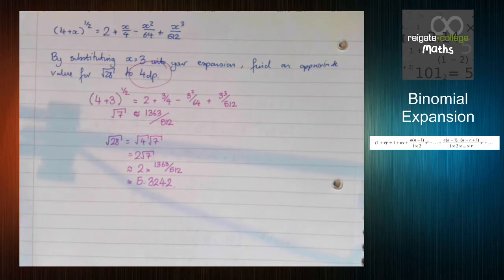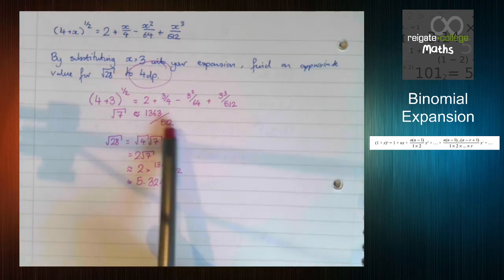which sounds about right. Don't forget, root 28, or being able to think about the approximate size of square roots, is really useful for this type of question. Don't just look at your calculator and go, that's correct. Actually think about it.